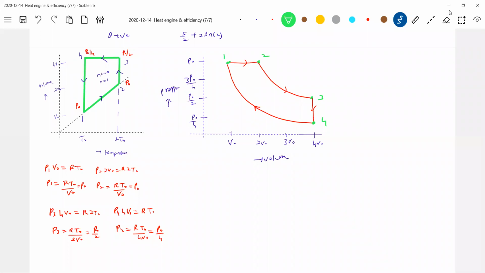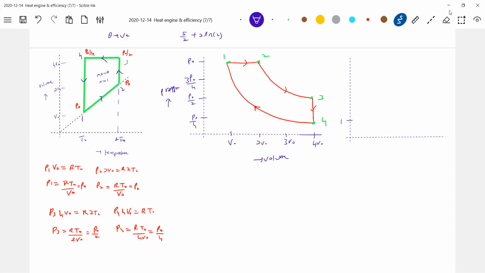There's an equivalent graph of this one. Okay, this is about the VT graph; the PV graph and PT graph we will take. Pressures same. Temperature T0 and 2 T0.